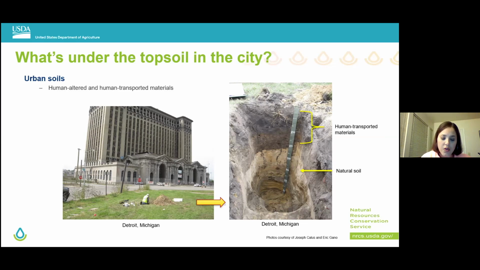Those are transported materials. And those in particular have been deposited there, and they can contain a mix of artifacts, rocks, sediment, debris. And this is going to be the new parent material for the urban soil that is going to be developing there over the next years.